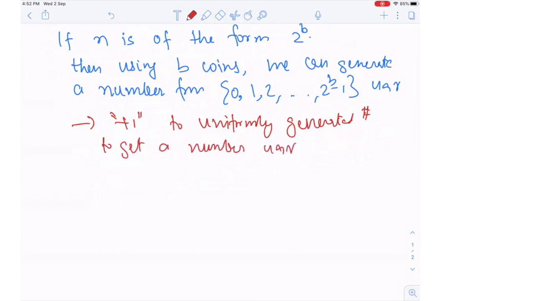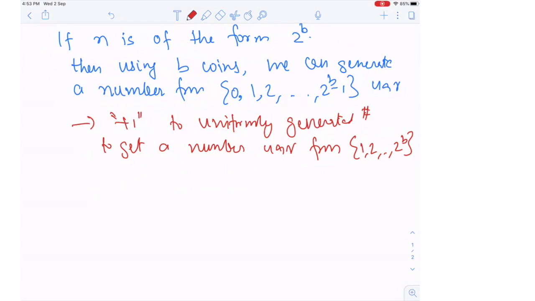uniformly at random from 1 to 2 to the power b, which basically means you get a number here, you just add plus 1 to this, right? And so this will give you a number which is uniformly at random between 1 to 2 power b rather than 0 to 2 power b minus 1.